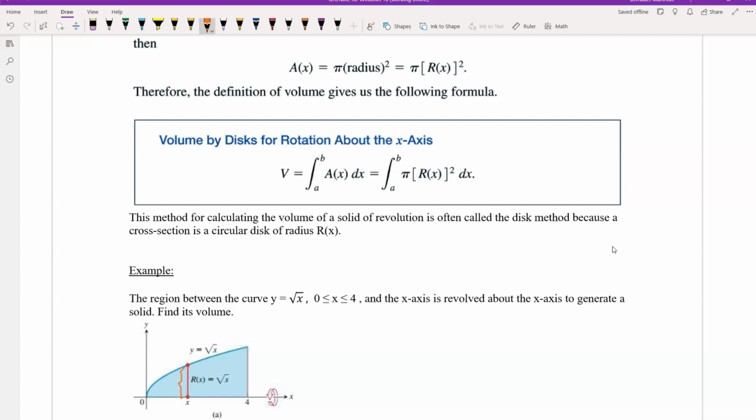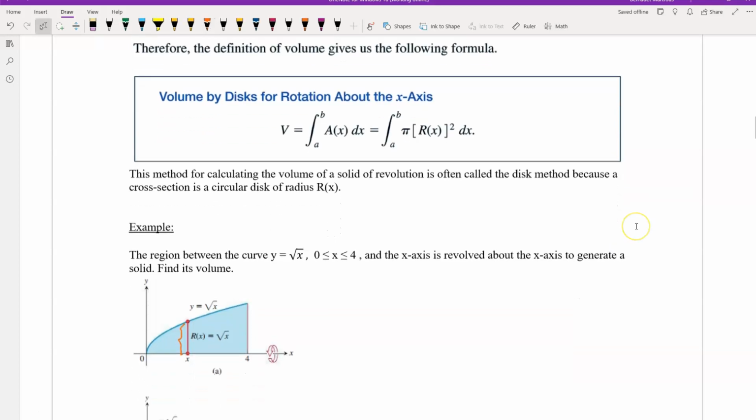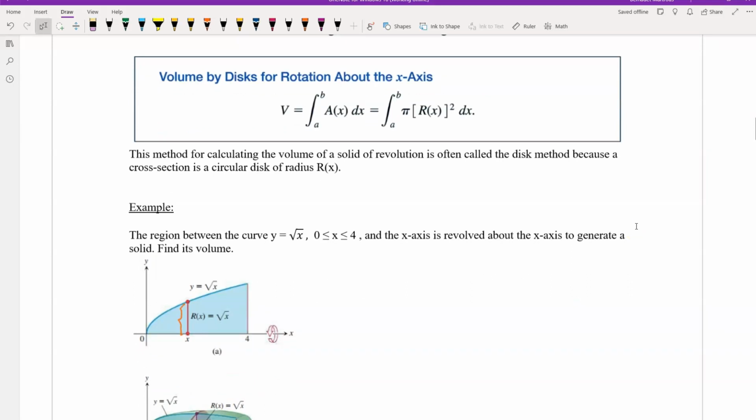So this integral is from a to b, and our A of x based on what we had on top is equal to pi r squared times dx, or pi times R of x squared times dx. This method for calculating the volume of a solid of revolution is often called the disk method.